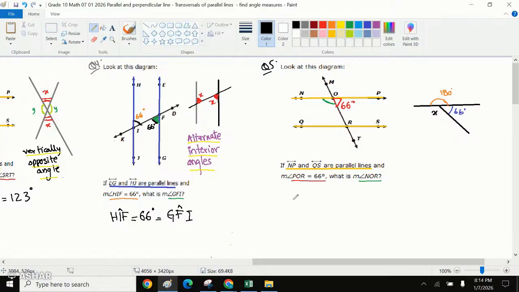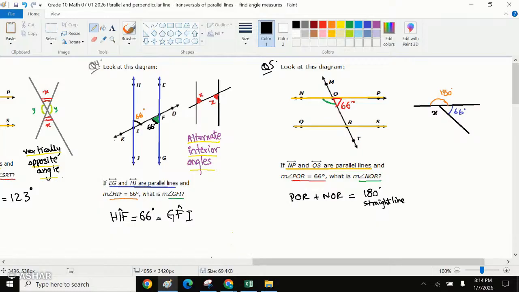So we can say that angle POR plus NOR should be equal to 180 degrees because they are forming a straight line.